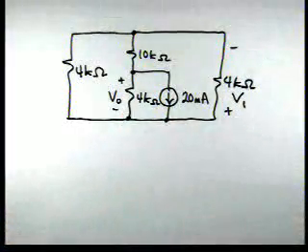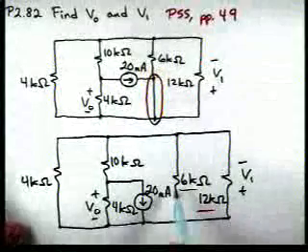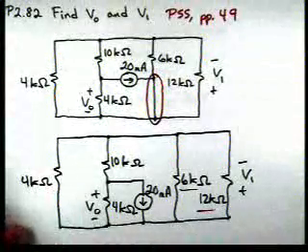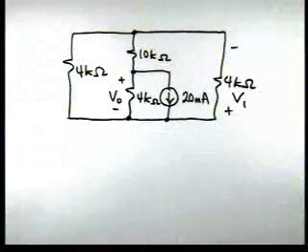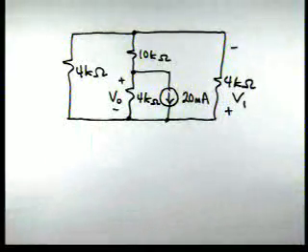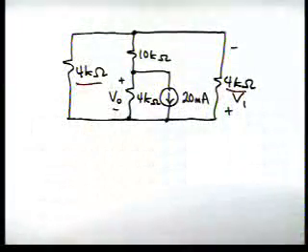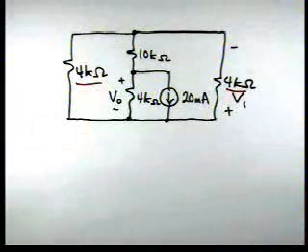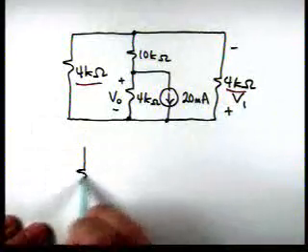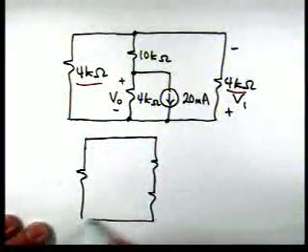Now, if we'd have been very clever, we would have noticed in this circuit that the 6K, 12K, and this 4K are all in parallel. Doesn't make any difference because now the two 4Ks are in parallel.